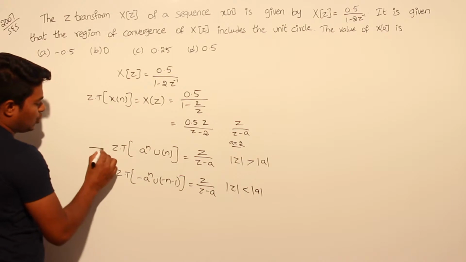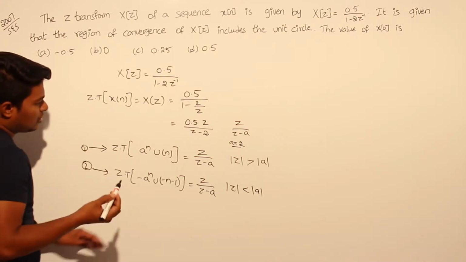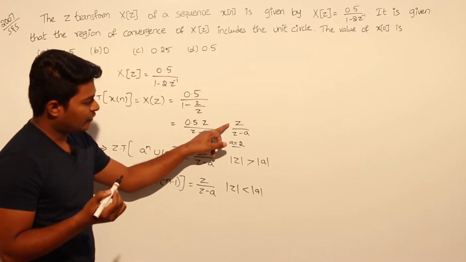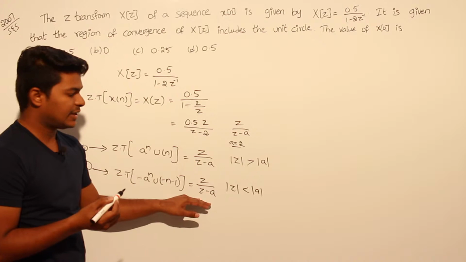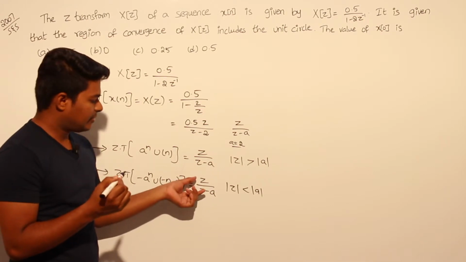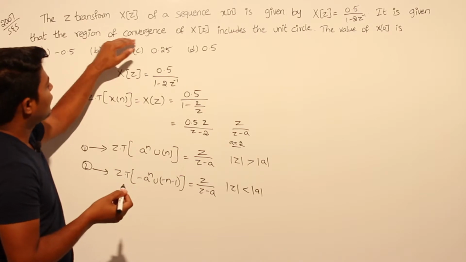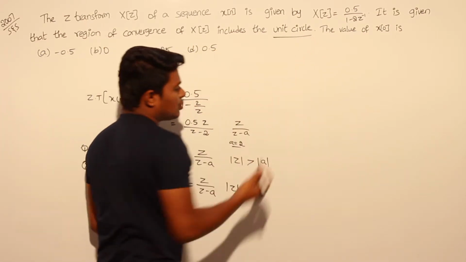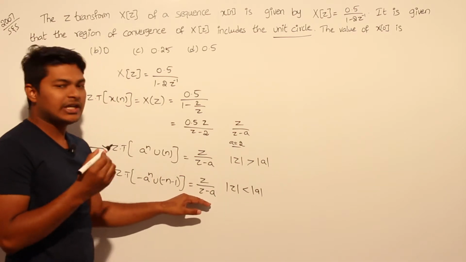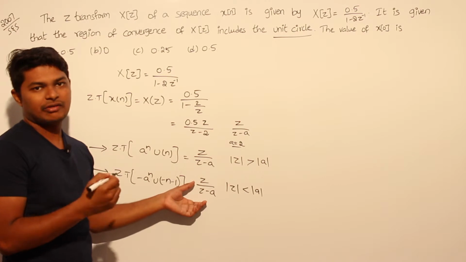These are the two possibilities we have. So we have got X(z) in the form of z / (z - a), but here we have two possibilities, and for solving we must decide which case it belongs to. They have given another point, that the region of convergence of X(z) includes the unit circle.